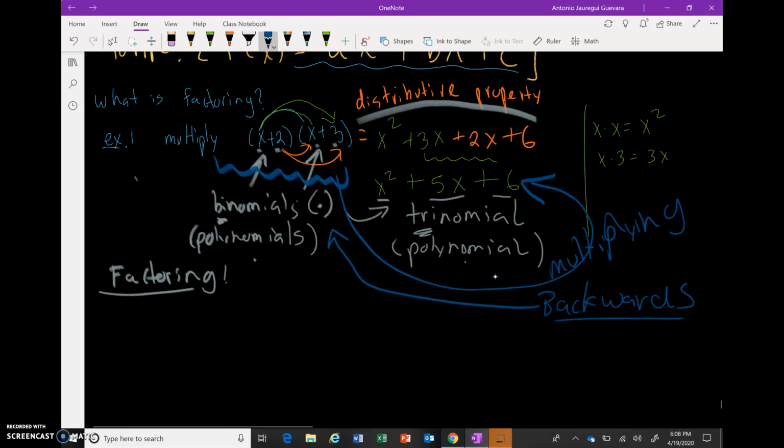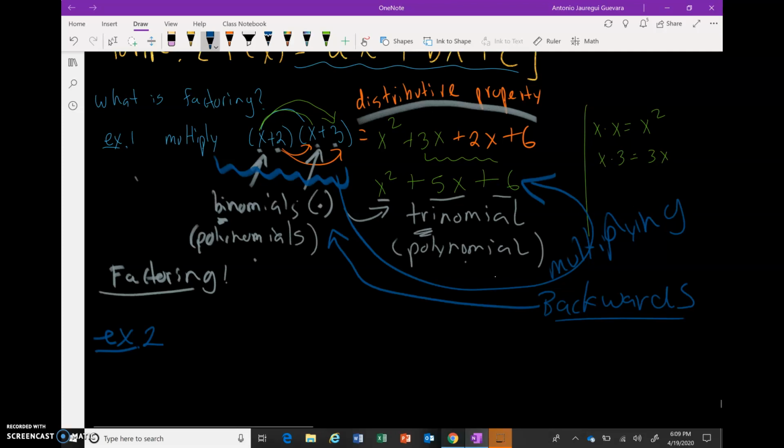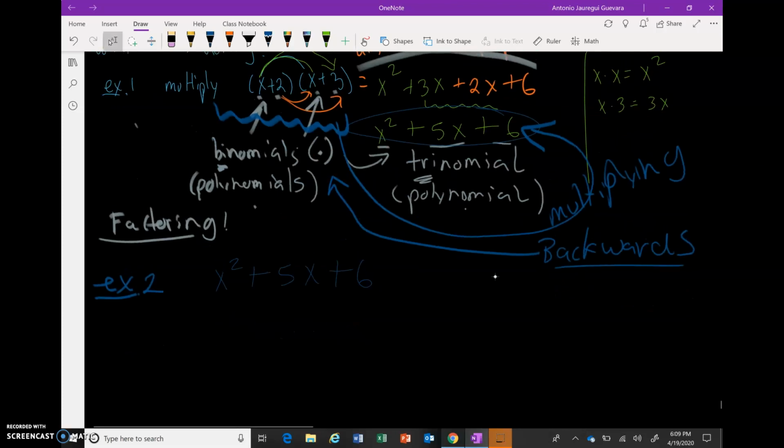Let me give you a good example, example 2. If I were to give you x squared plus 5x plus 6, which is just what we have right here, we would try to get this over here.